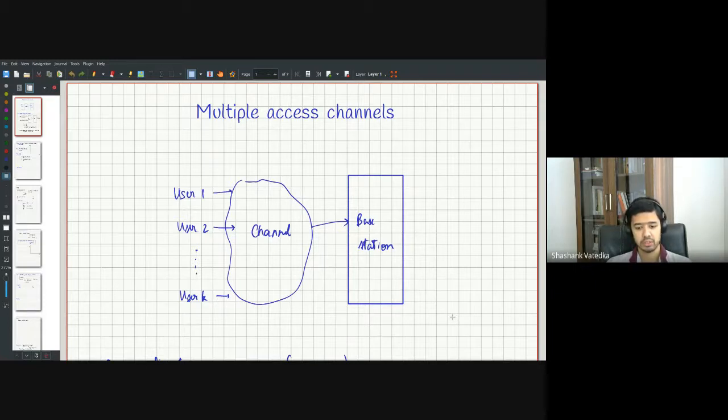This could be voice, or text in the form of SMS, or internet data, maybe you're uploading a video or a picture. So all of them are making use of a common channel in order to communicate through a base station.